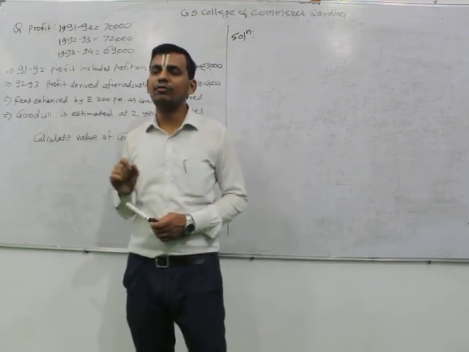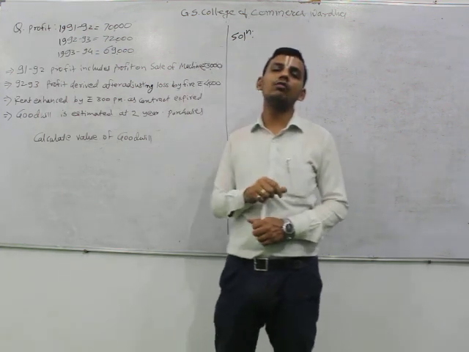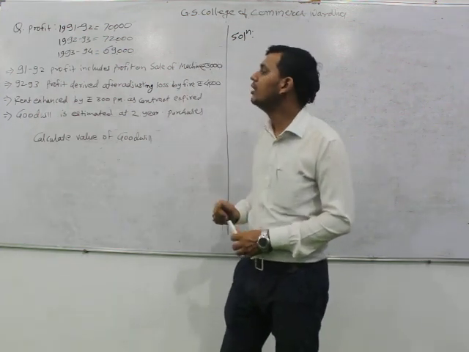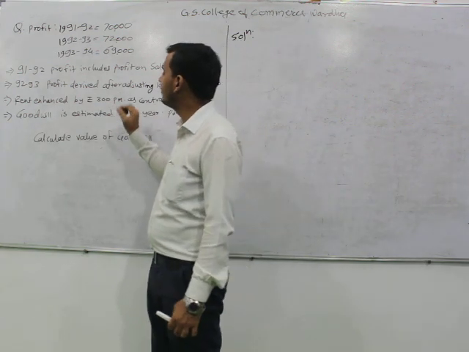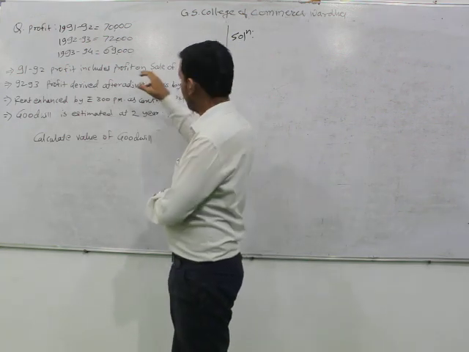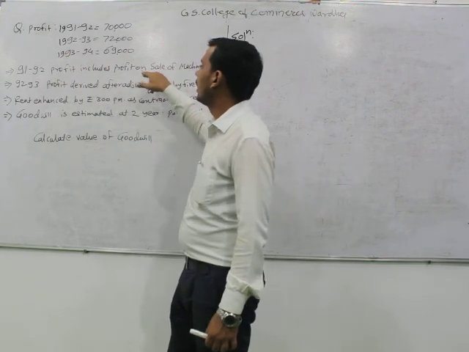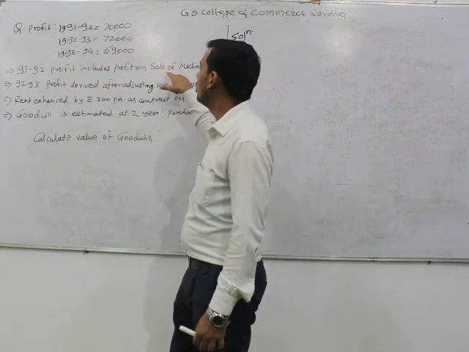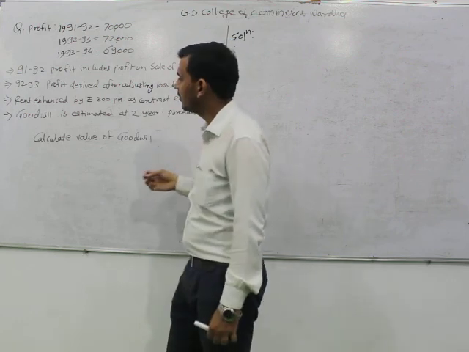First of all, we have to arrive at the average profit. But for that, we first have to calculate the exact profit from the operating activities of the business. What we are seeing here is something different: in the year 91-92 we have an abnormal profit because there was a profit on sale of machine of rupees 3,000, which is not an operating activity.